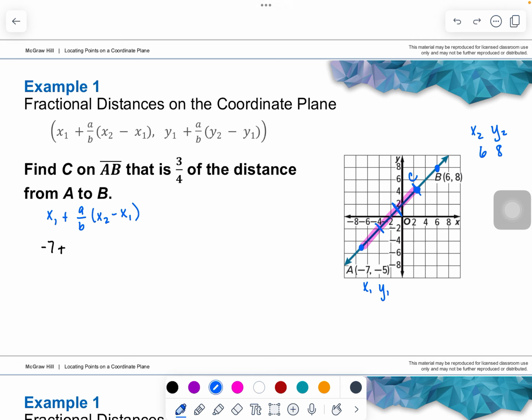That is our a/b. So that's 3/4 times, let's see, x2 is 8 minus, and our x1 is, again, -7. Now, whenever you have a negative, I always encourage you to put that in parentheses just in case.